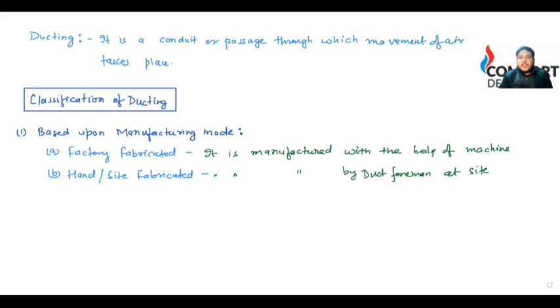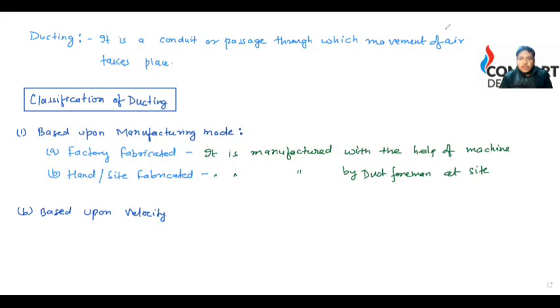Now let us move ahead and see the next classification, point B, based upon velocity.